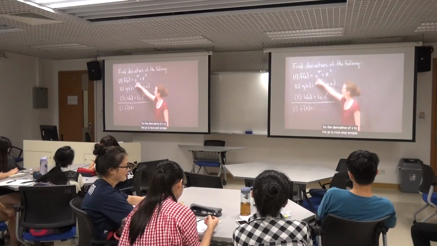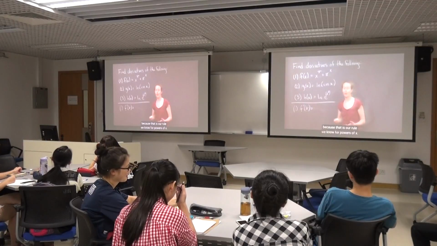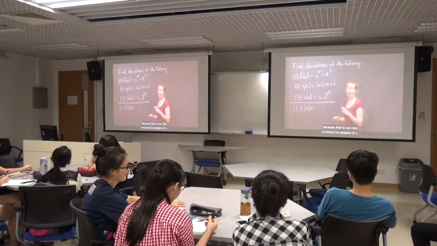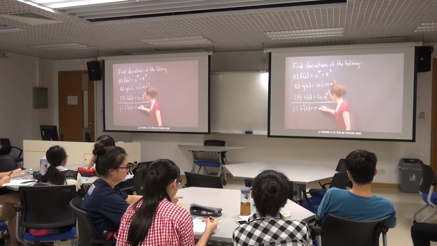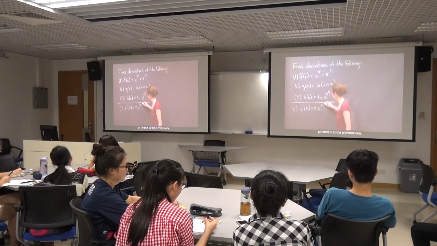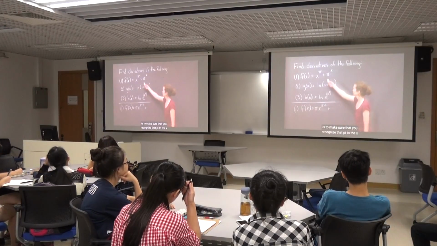The derivative of x to the pi is nice and simple because that is our rule we know for powers of x. So that derivative is pi times x to the pi minus 1.